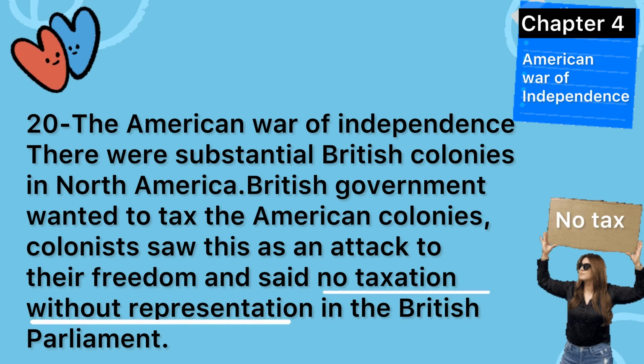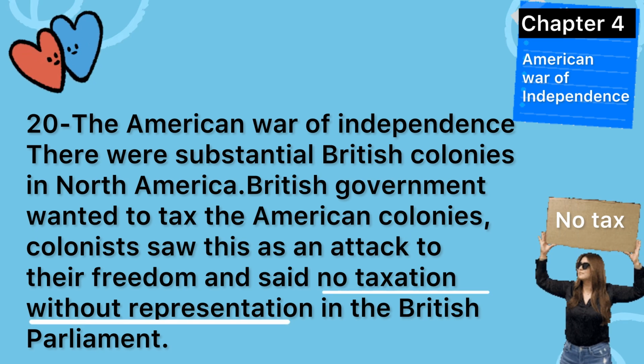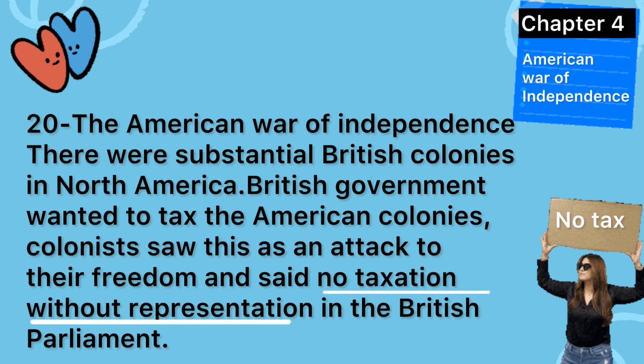There were substantial British colonies in North America. The British government wanted to tax the American colonies. Colonists saw this as an attack on their freedom and said no taxation without representation in the British Parliament.